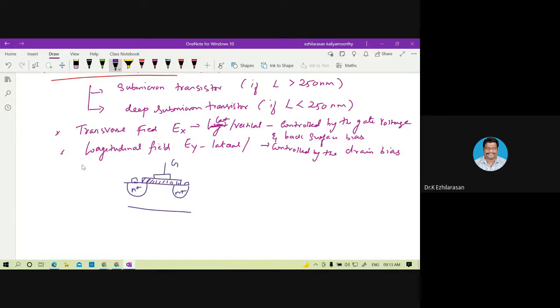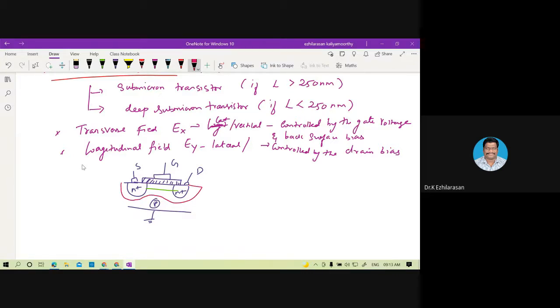So this will be your gate, this is the source and drain. We have the P substrate, and this will be your channel. Now we have the depletion region.